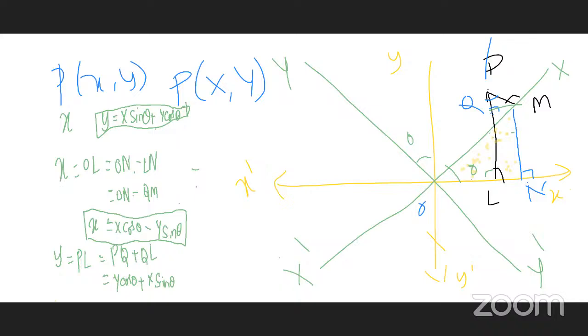Remember, in the translation of axis, x will become h plus x, and y will become k plus y. Same thing here in the rotation of axis, theorem 1 is telling that when we do rotation of axis, the entire thing can be converted into this form. You understand how the coordinates are getting changed?